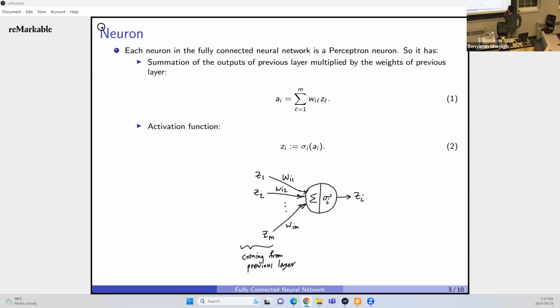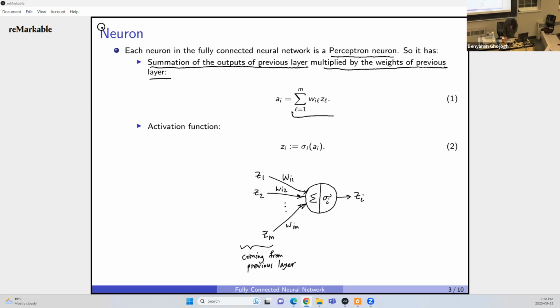Each neuron in the fully connected neural network is a perceptron neuron, as we talked. Let's recall perceptron. It must have the summation of the outputs of the previous layer multiplied by the weights. This is exactly what we had in perceptron, right?